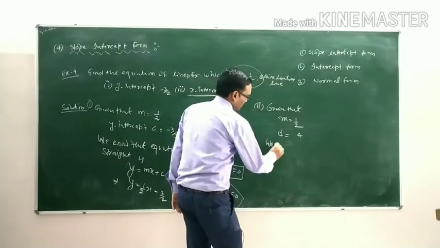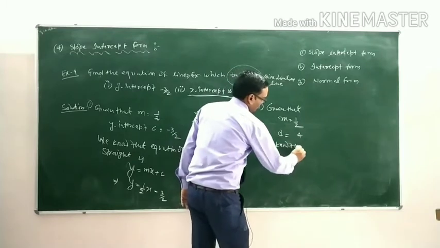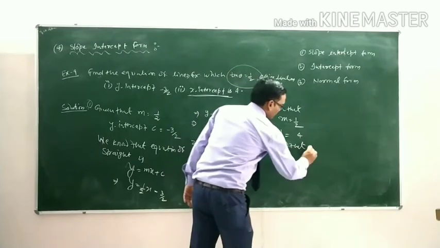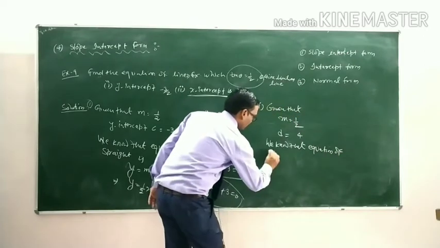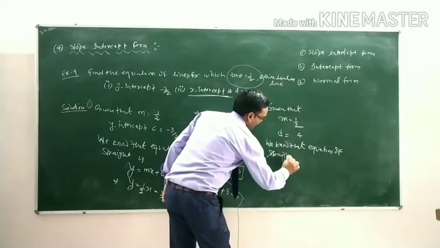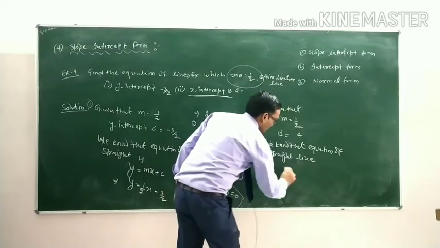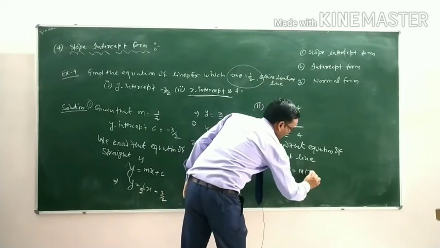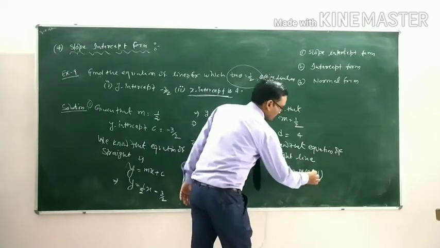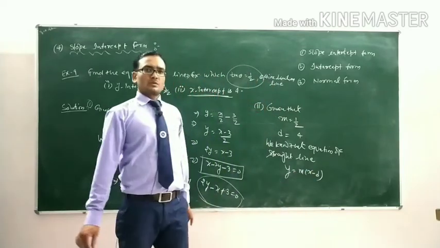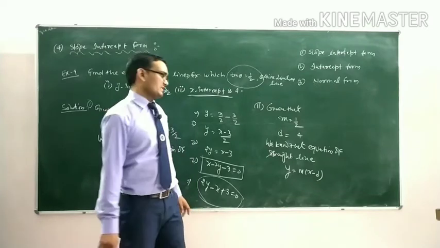We know that the equation of a straight line is y equal to m into x minus d. Okay students, y equal to m into x minus d.